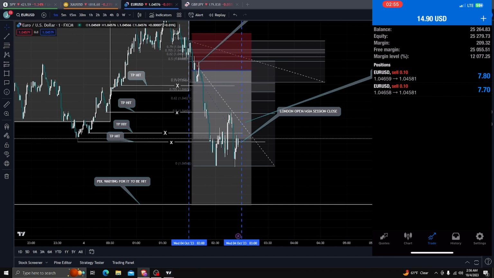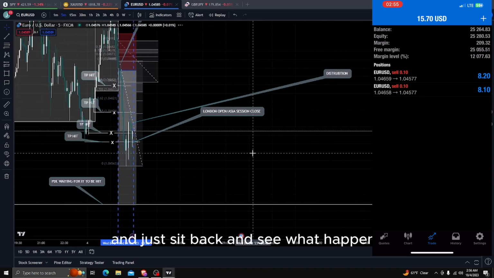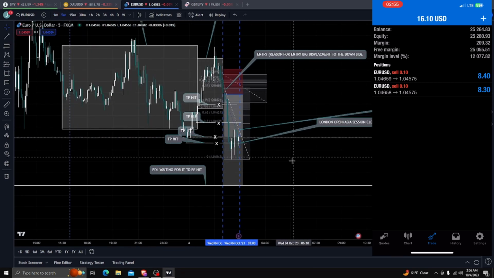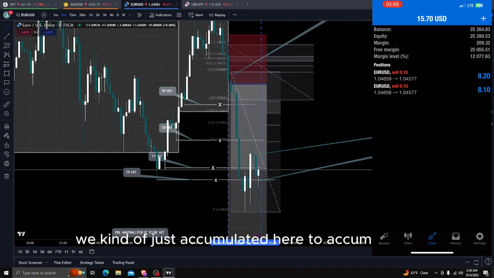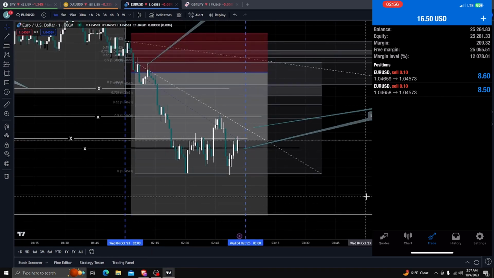Okay. Now we can just take it easy for a bit and sit back and see what happens. We're kind of just accumulating here too. Accumulation, manipulation, distribution. It's about those. That's right though, we just gotta wait.